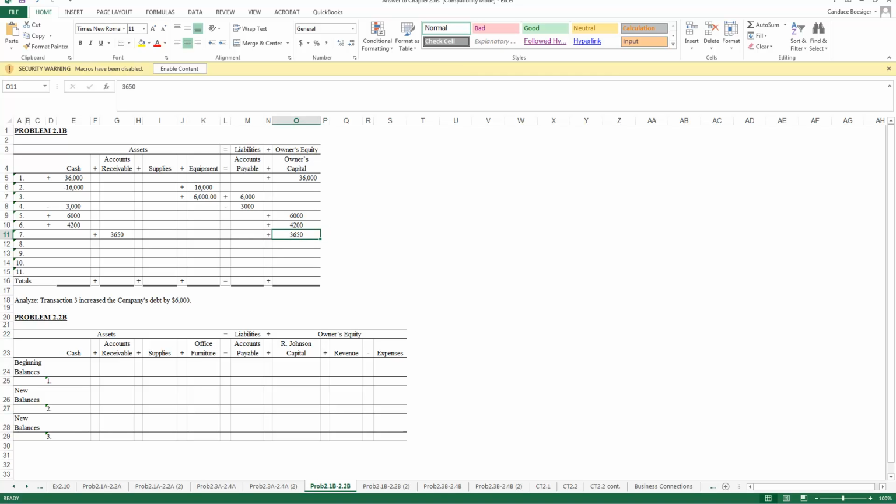So even though it is on account, it still is over here in owner's capital. It still increases our revenue. 8, paid $2,600 for rent expense. We wrote a check for rent.